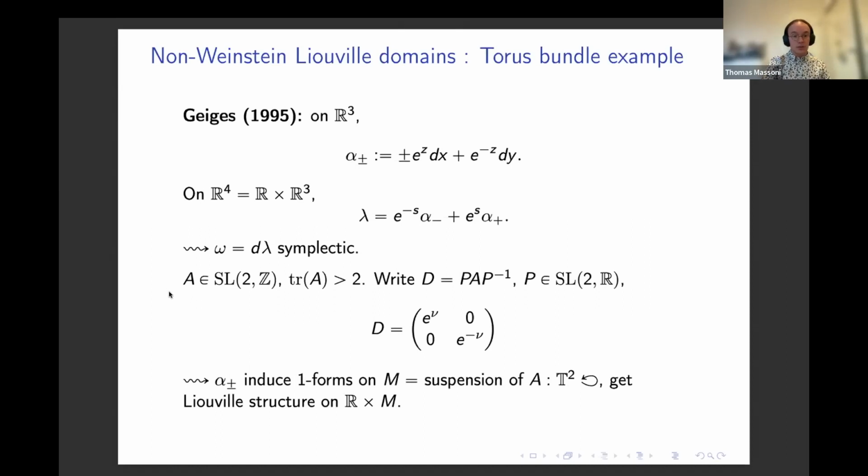And to do that, you can pick your favorite hyperbolic matrix in SL2Z. You can diagonalize it, and this diagonal matrix acts very nicely on alpha plus and alpha minus.